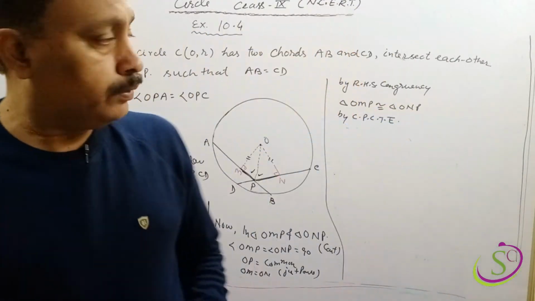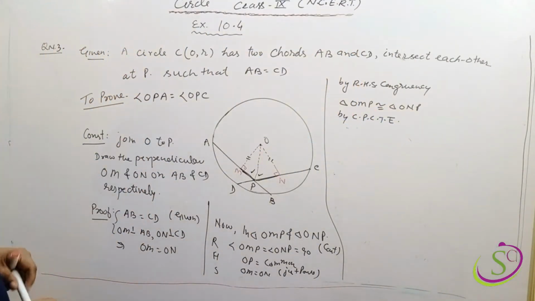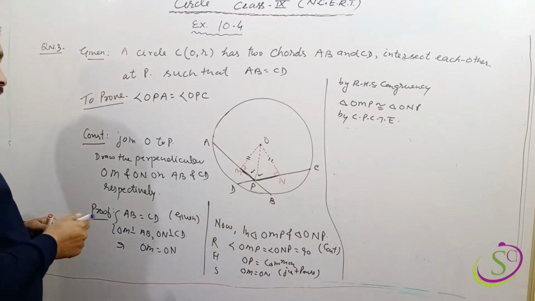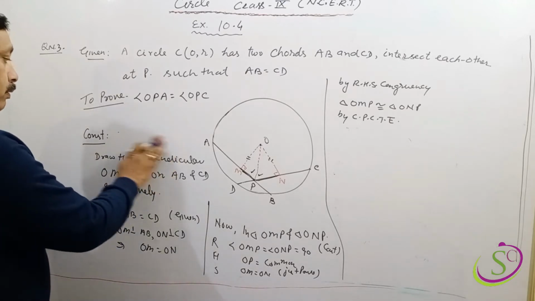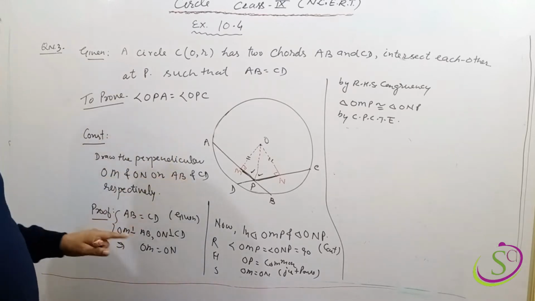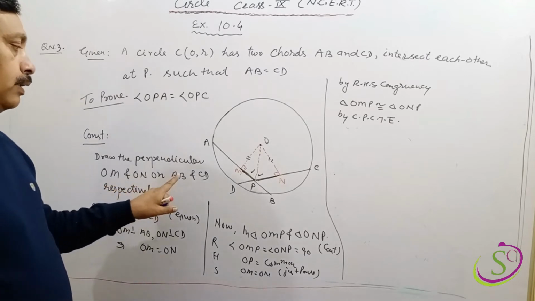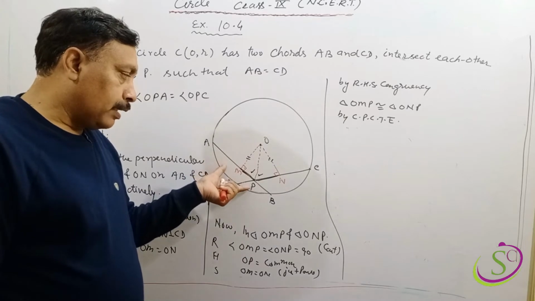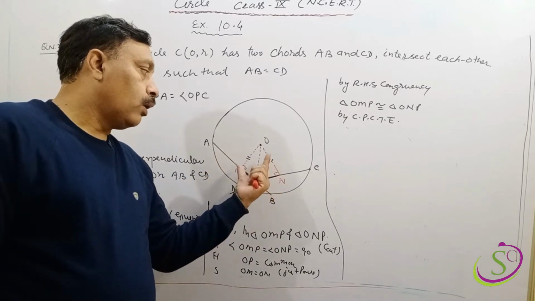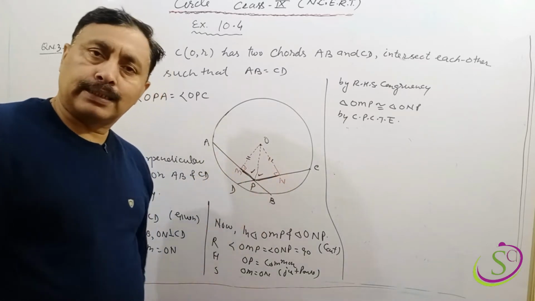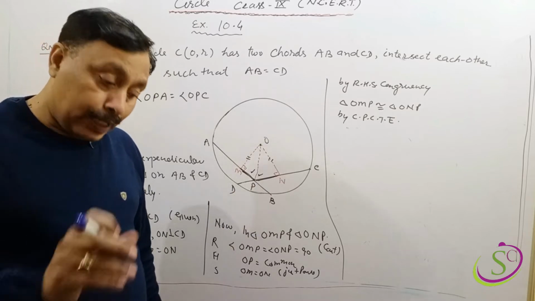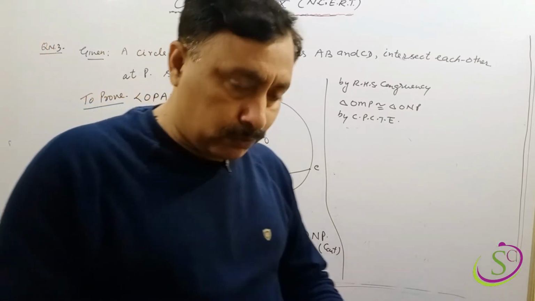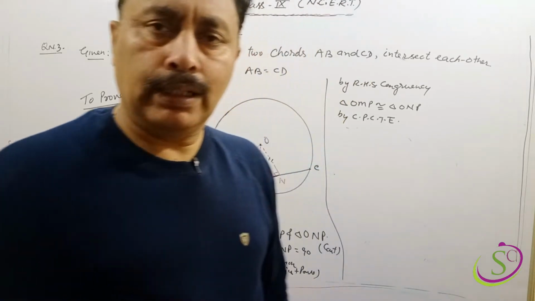Construction: to prove this we have to make some construction, and the construction is to draw the perpendiculars OM and ON on AB and CD respectively. Means OM is on AB and ON is on CD. Clear? And we know that equal chords have equal distances from the center.